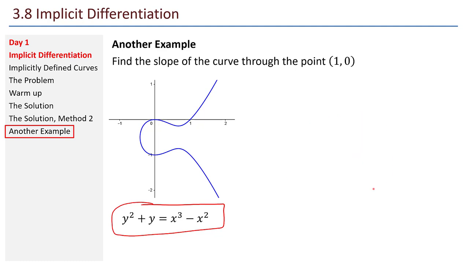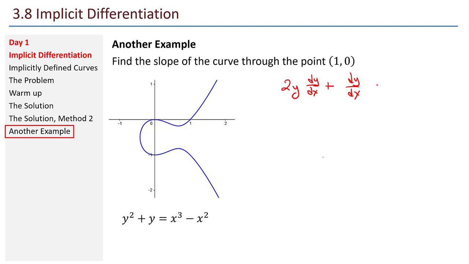And we're back. Let's give this thing a try. Step number 1, differentiate both sides of that equation with respect to x. So I get 2y dy dx plus dy dx equals, now the right side is easy, that's just our regular differentiation, 3x squared minus 2x.